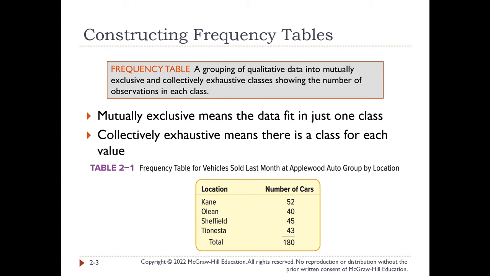We're not diving too deep into it. We just want to know how many cars they sold. So over, I guess we're going to say a month, they sold 180 vehicles in the 4 locations. And we can obviously see with the data that Kane did well. They sold 52. They're the highest.